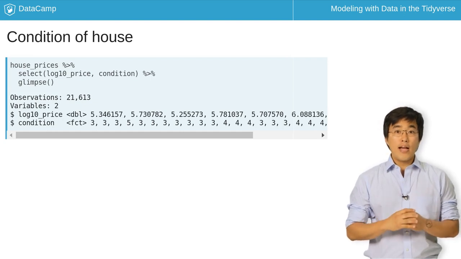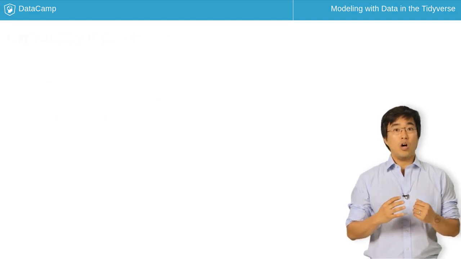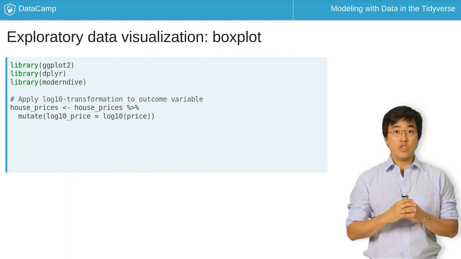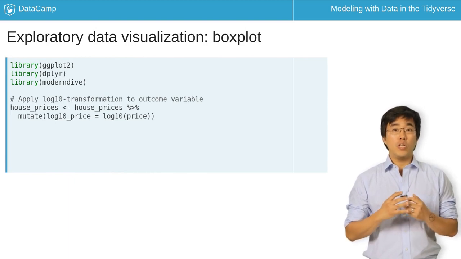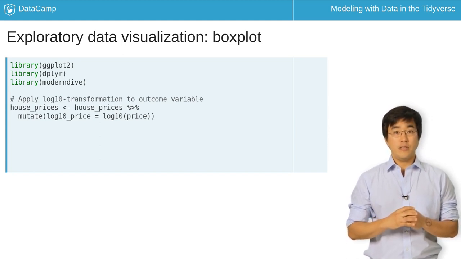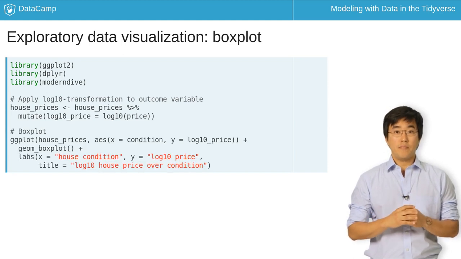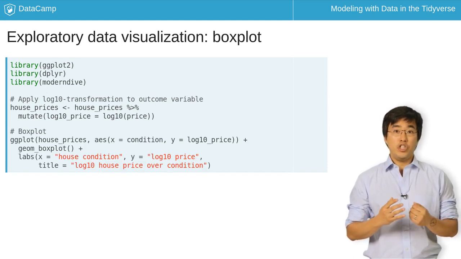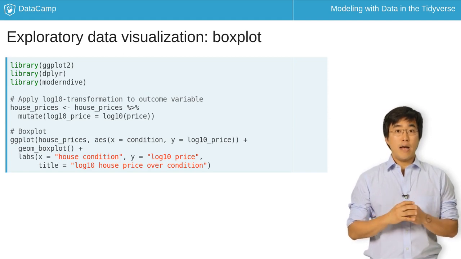Since the original price variable was right-skewed, recall you applied a log10 transformation to unskew them. Now, how can you visualize the relationship between the numerical outcome variable log10 price and the categorical variable condition? Using a boxplot. You use a geom_boxplot where x maps to condition and y maps to log10 price. Observe.